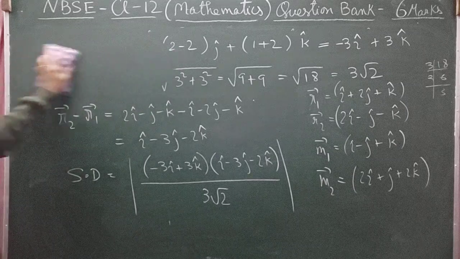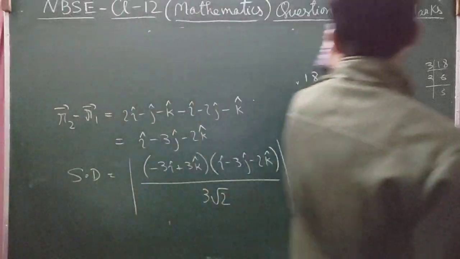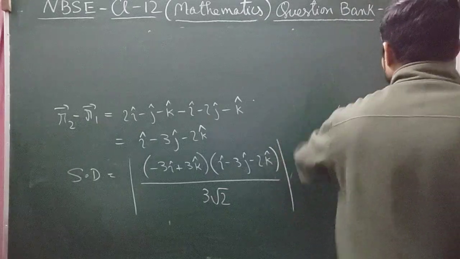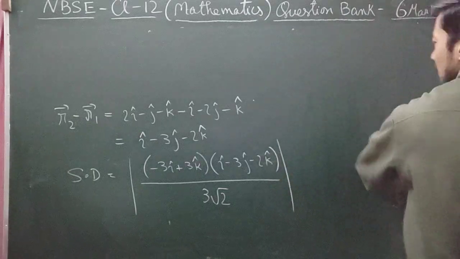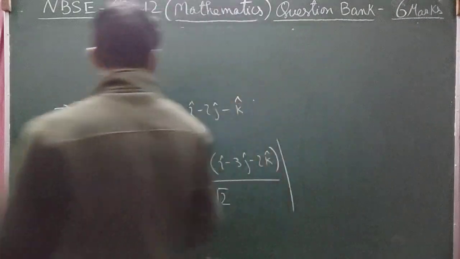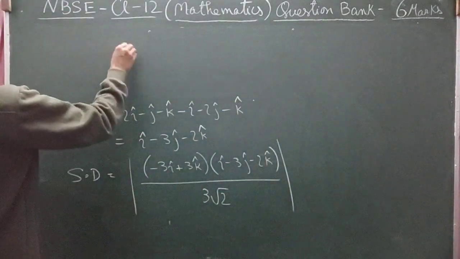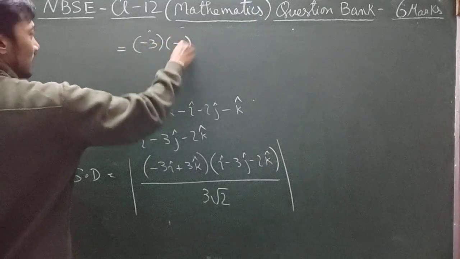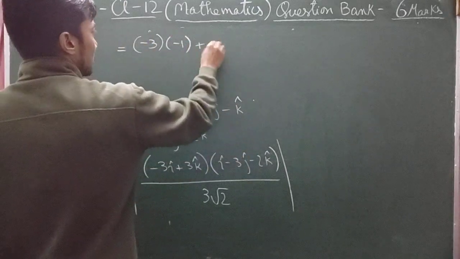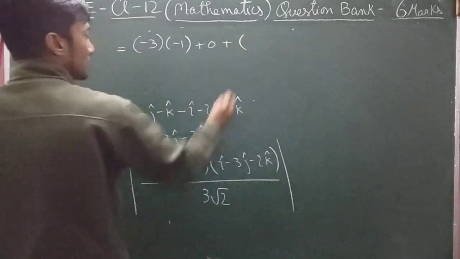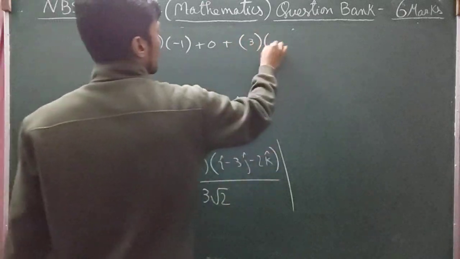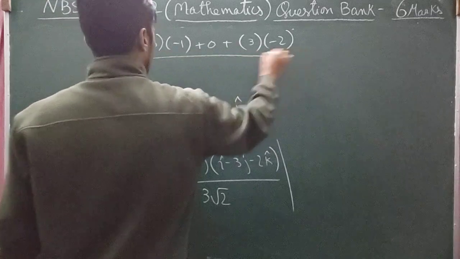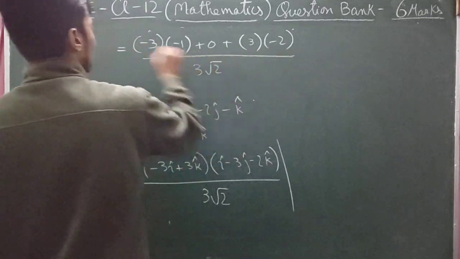It's about just knowing your formulas, and then the rest is simple arithmetic, the multiplication, addition and all. You just have to be careful, not like me, don't be careless there. So the dot product is minus 3 into 1, j is going to be 0, plus k, 3 times minus 2, divided by 3 root of 2.